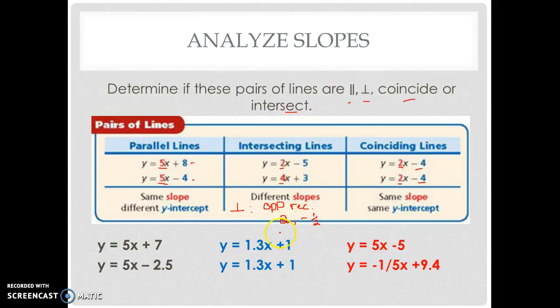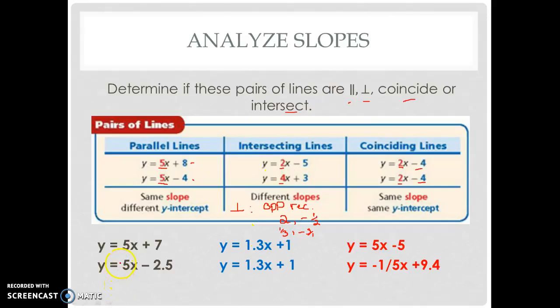Or as another example, if our slope was 1/3, the slope of the perpendicular line would be the opposite sign, so negative, and you would flip to 3/1, or just 3. Now, if they're not opposite reciprocals, or if they're just truly random numbers, that means they simply intersect, but they're not going to intersect at a 90-degree angle.